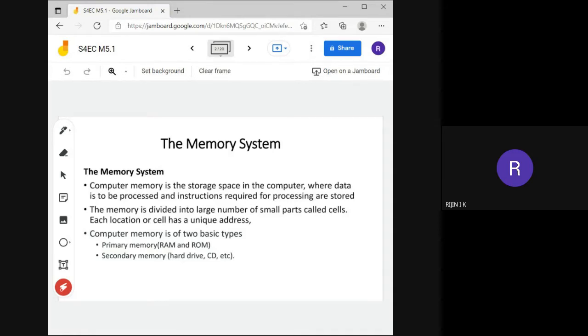Both are used for storing information. Based on usage, we classify memory into two categories. One is primary memory: RAM and ROM are examples of primary memory. And another one is secondary memory: our hard disk, CD, and so on come under secondary memory.